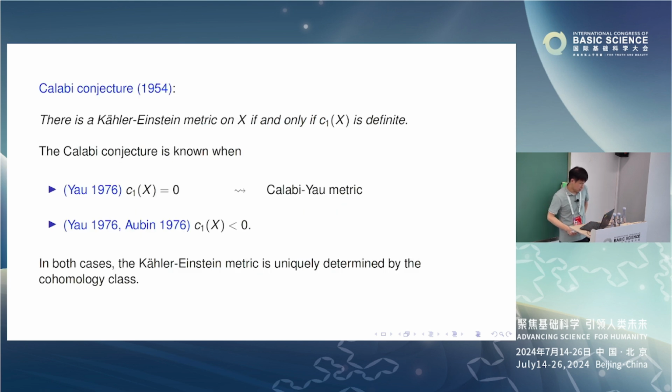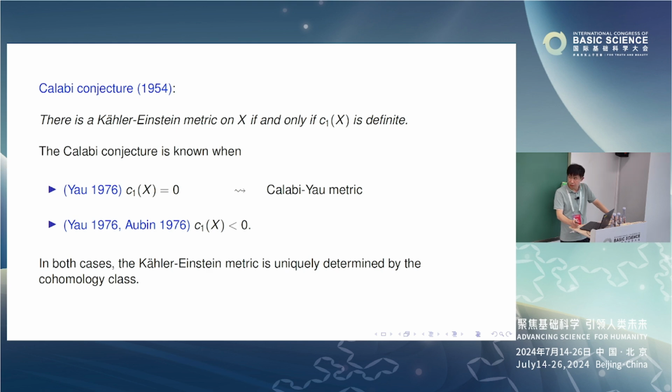So there's a well-known story. The Calabi conjecture, 1954: there's a Kahler-Einstein metric on a complex manifold X if and only if the first Chern class of X is definite. It was proved by Professor Yau, 1976, in the case when c1 is 0 or c1 is negative. And the c1 negative case was also proved by Aubin independently.